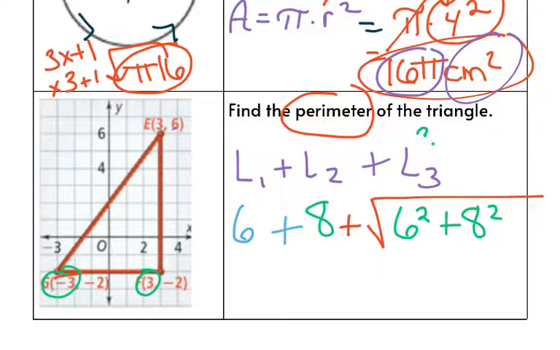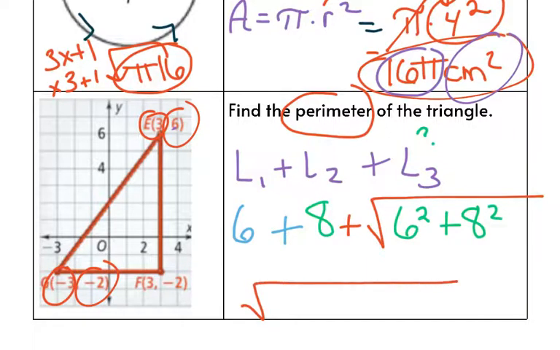Now, again, I'm going to repeat. If you actually use the formula and you don't just ask yourself, well, how far apart are these? 6. Square it. How far apart are these? 8. Square it. Then the formula actually says, so I'm going to go under here just in case you like the formula, you do x2, -3, minus x1, 3.